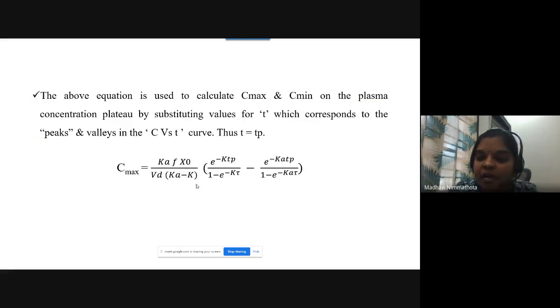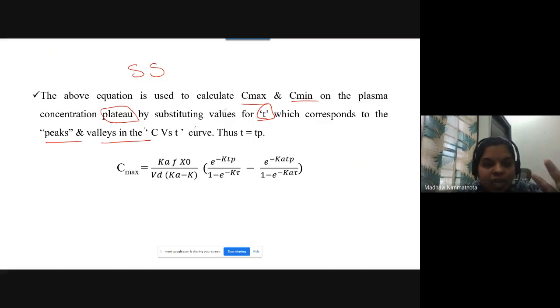Then the above equation is used to calculate C maximum and C minimum of the plasma concentration. Plateau is nothing but steady state. Steady state is also called plateau. By substituting the values for t, which correspond to the peaks and valleys in the C versus t curve.